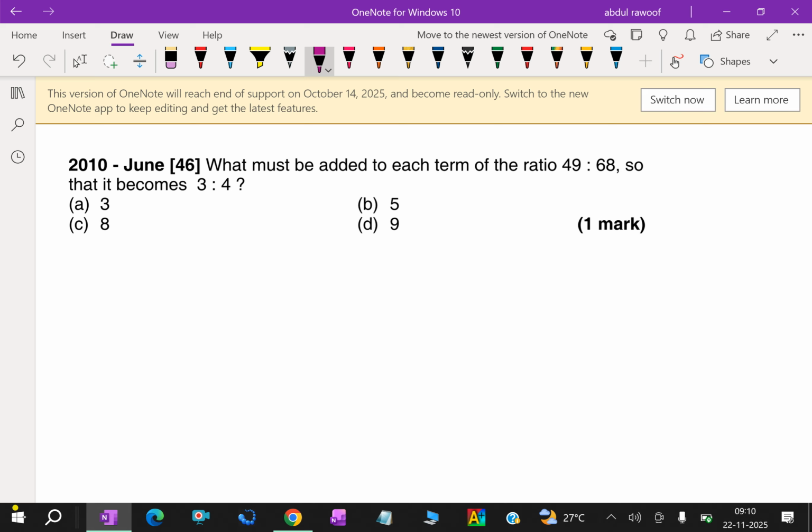What must be added to the terms of the ratio, that x must be added. 49 plus x over 68 plus x equals the new ratio 3 over 4.